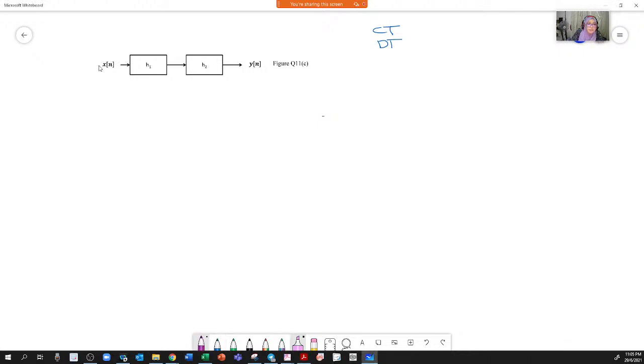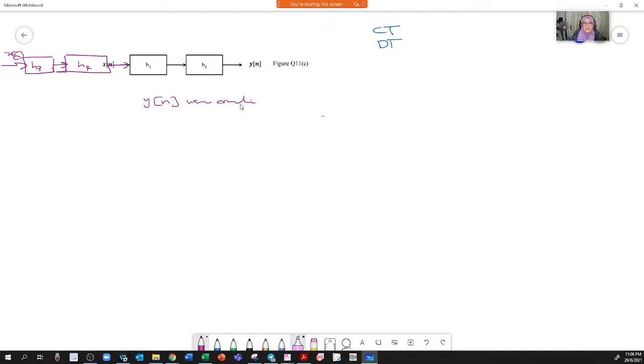Okay, for example, in a final exam, you're given this type of question. You have h3 and h4. Your x[n] value is in front here. It asks you to find the y[n] value using convolution.